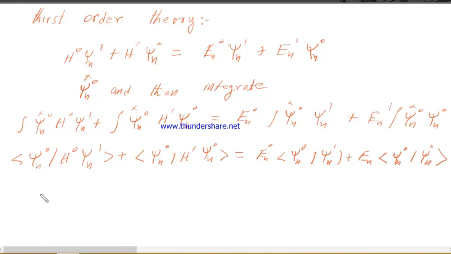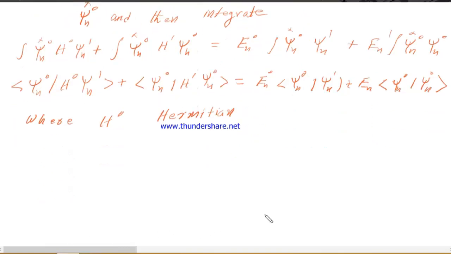Now the H naught is Hermitian. Then this term can be written as E naught, and then H naught psi n1 is equal to H naught psi n naught and then psi n1.